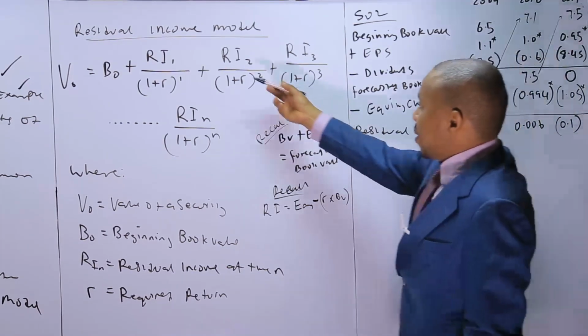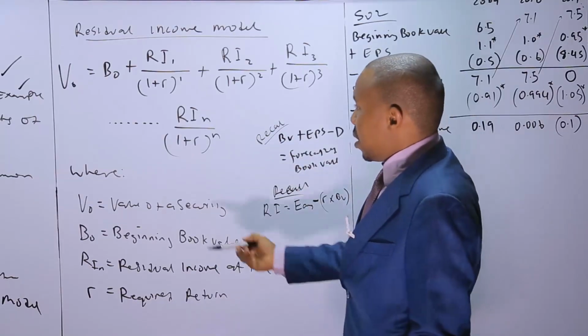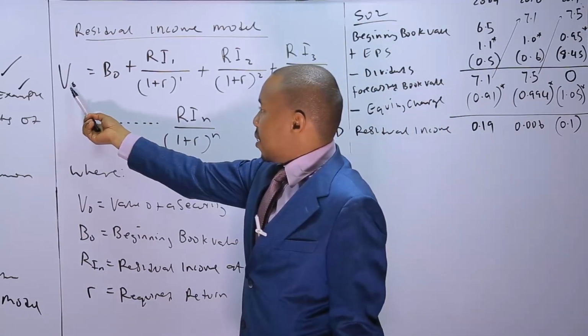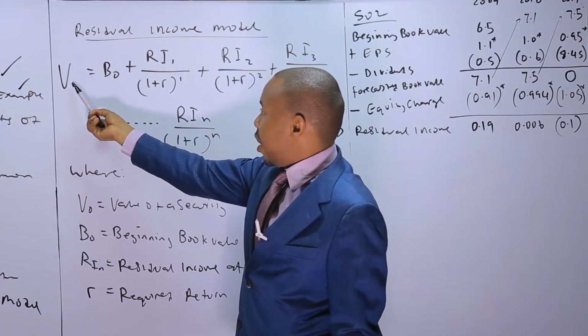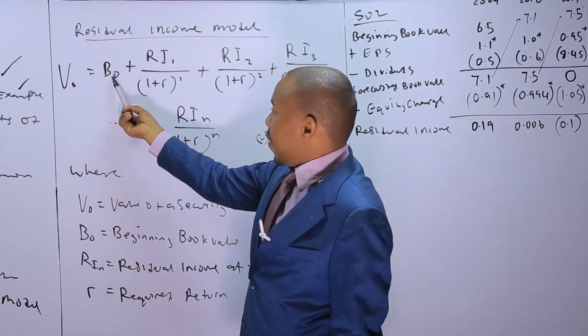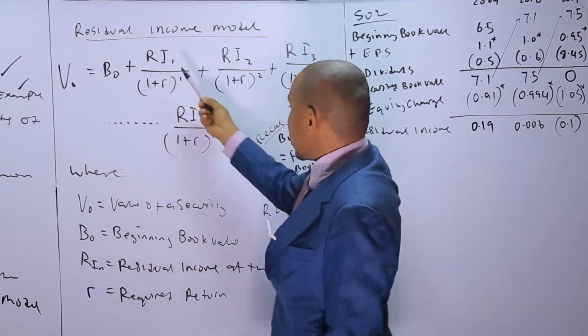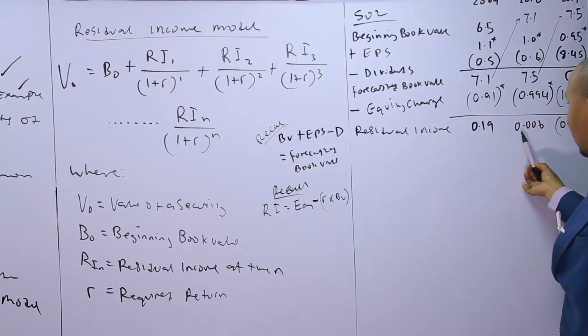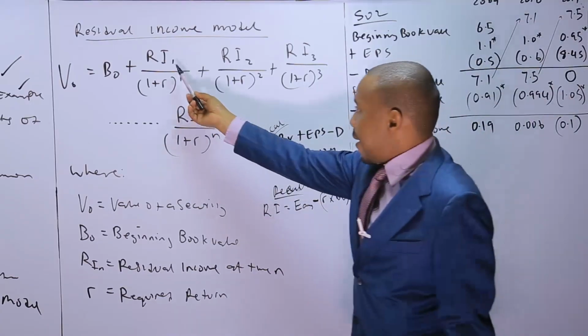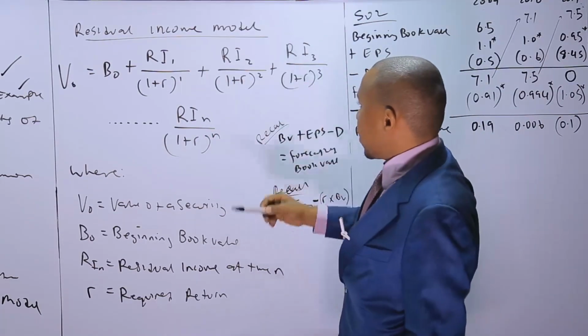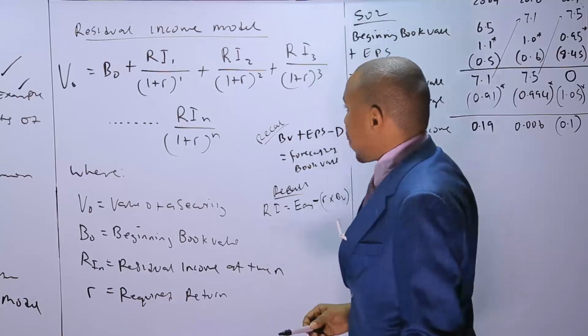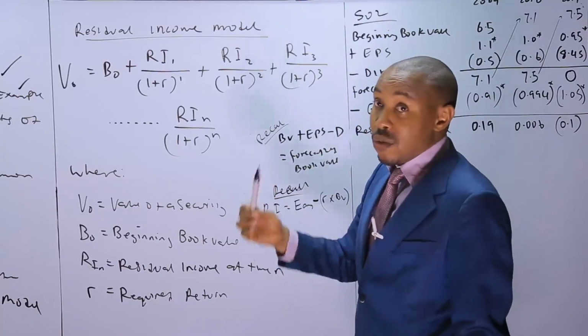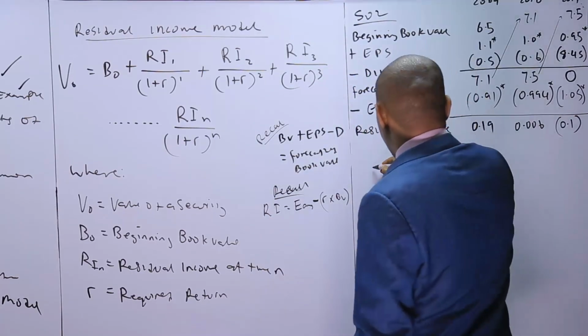Now, applying this residual income model, you are being informed that this is the value of the share. So we get the beginning book value, we add the respective residual incomes, RI1, RI2, RI3 discounted against 1 plus R, which will give us the value of the company's share.